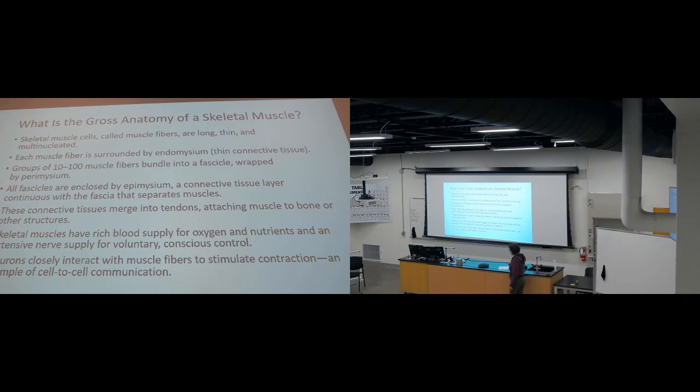Now, a characteristic of skeletal muscles is that they use a lot of oxygen and a lot of nutrients, a lot of glucose. That's why they have their own form of storage, which is glycogen. And because they require a lot of oxygen and a lot of nutrients, they have to have a rich blood supply.